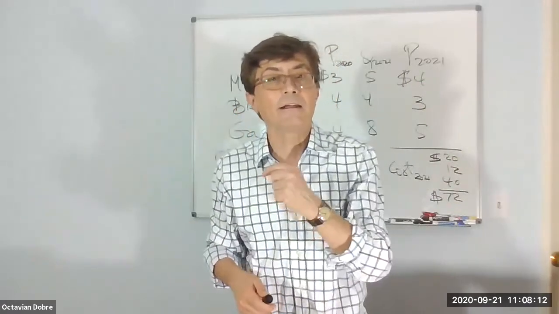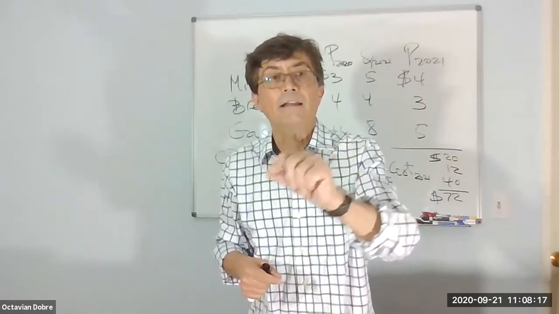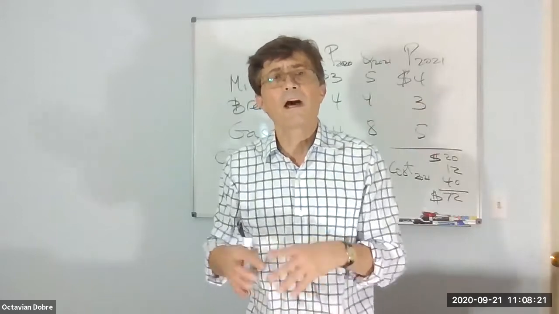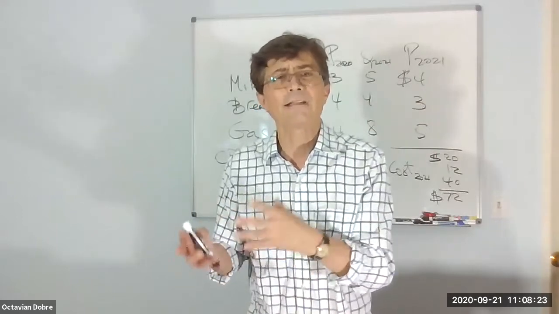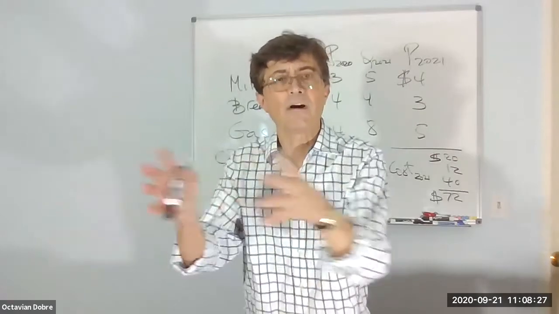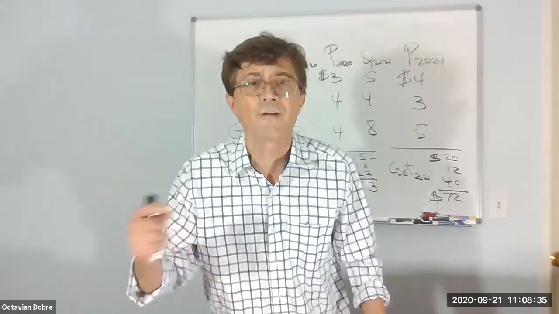Can anybody give me a stock index that tells us what is happening in the stock market, where we are following what is actually happening to the stock prices of just a number of companies? S&P 500. Exactly. And how many stocks do you think the S&P 500 follows? 500. Yeah.